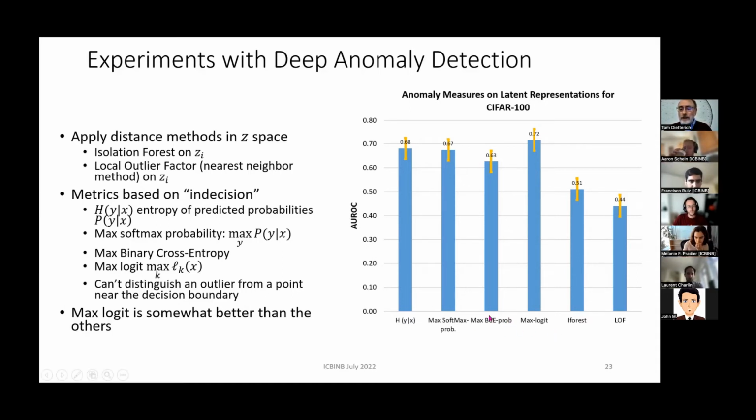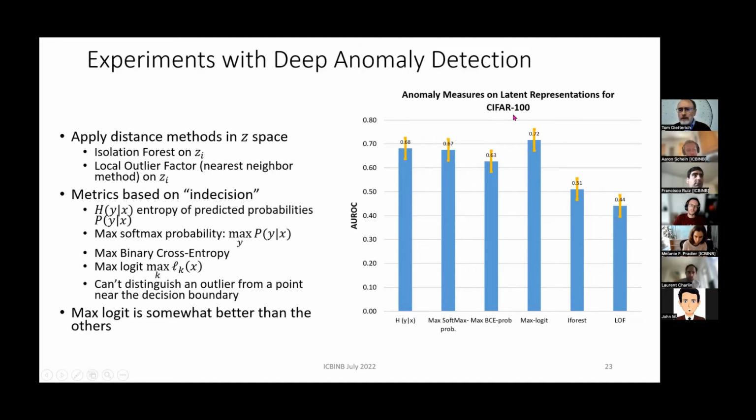If we train using one versus all classifiers and use the binary cross entropy, we can use that instead. Or we could just use the logit value itself. And the maximum of the logit scores, again, if it is small, that indicates a lack of confidence of the classifier. And so what he found was that the maximum of the logit scores actually gave us the best area under the ROC curve.